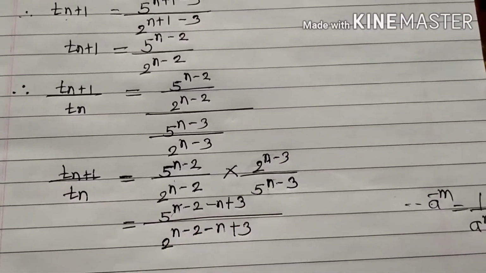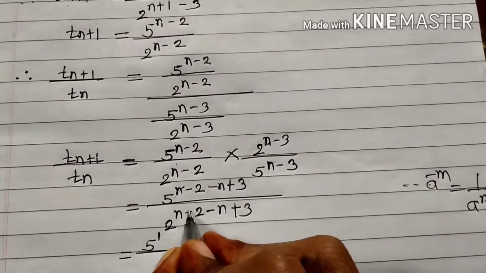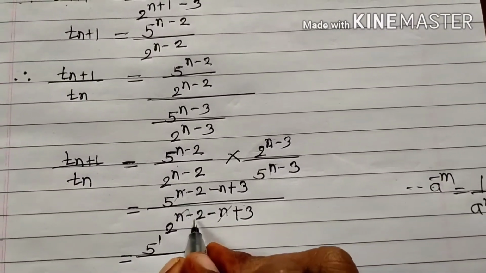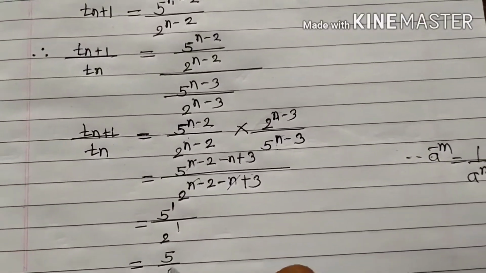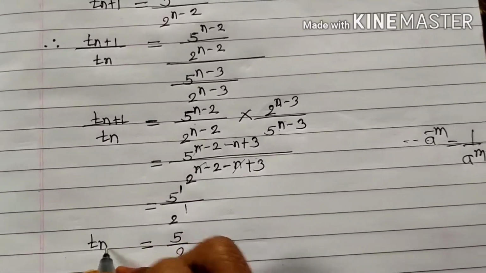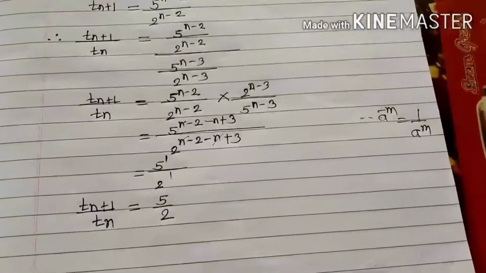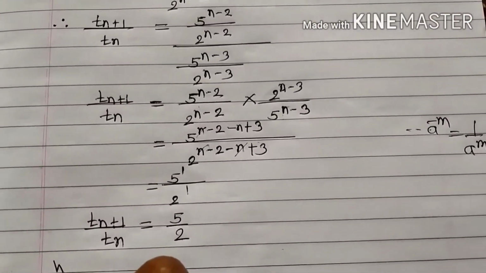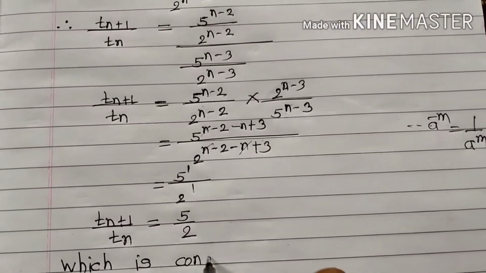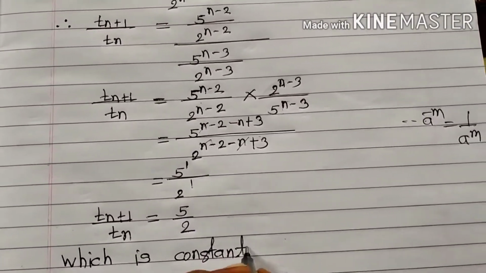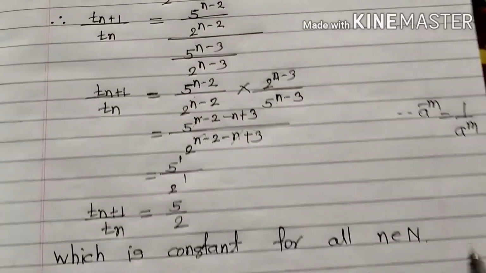Minus 2 plus 3 is 1. So 5 raised to 1 upon, this plus n minus n cancels, minus 2 plus 3, 2 raised to 1. So it is 5 upon 2. Means Tn plus 1 upon Tn is constant for all n belongs to natural numbers.